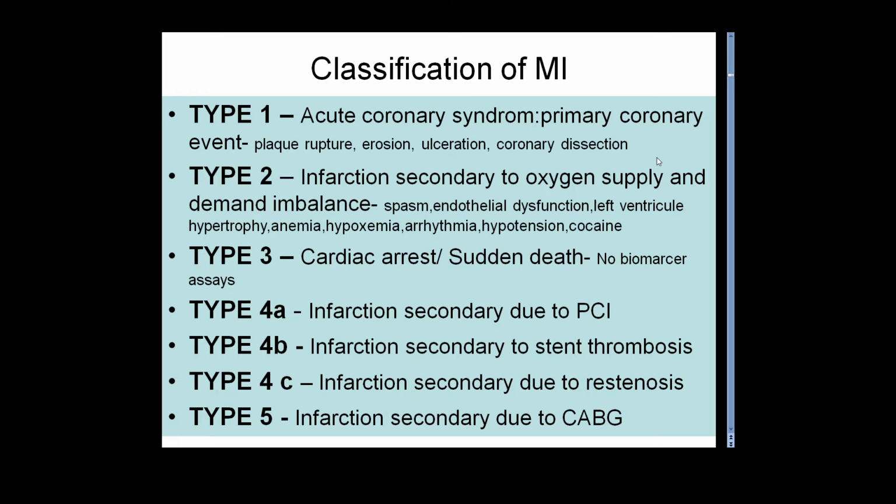Type 4 divided on A, B, and C. Type 4A, infarction secondary due to percutaneous coronary intervention. Type 4B, infarction secondary due to stent thrombosis. Type 4C, infarction secondary due to restenosis.